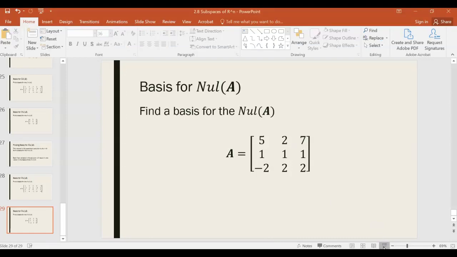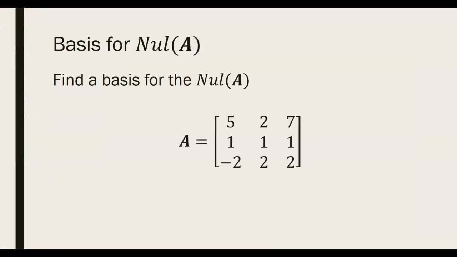So as you can see, this section has a lot of concepts. The big ones are column space of a matrix, null space of a matrix, and a basis for a subspace.